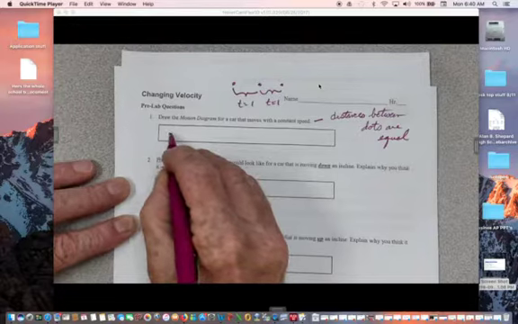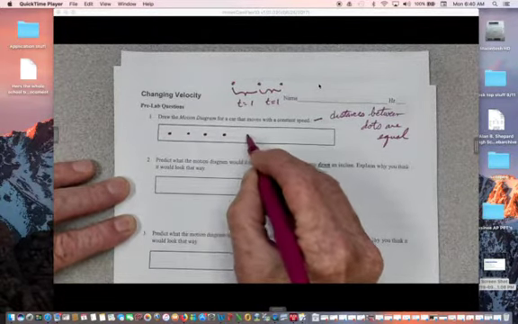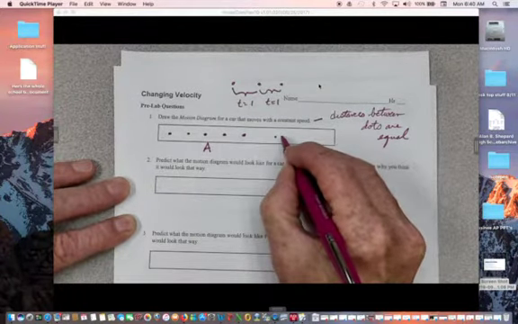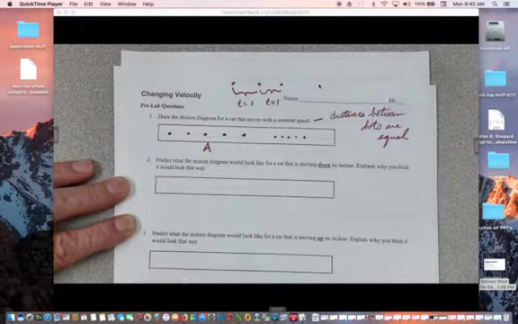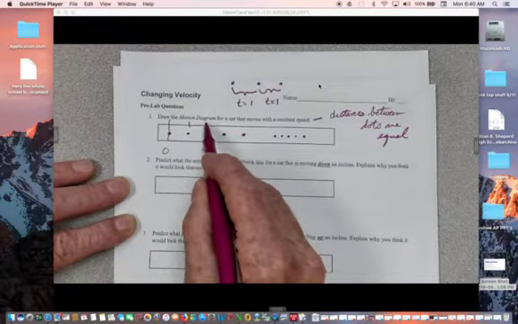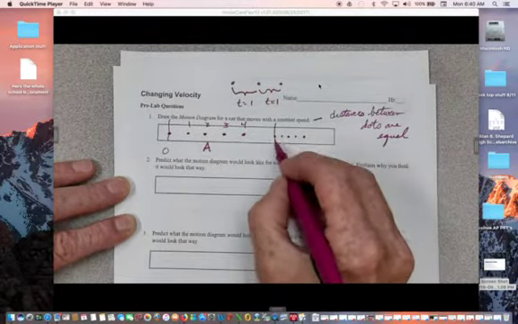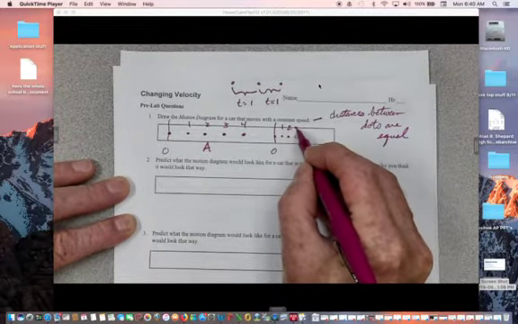So if I make a dot here, make a dot here, make a dot here, make a dot here, make a dot here, that might be vehicle A. If I have vehicle B, and clearly this is a time span of 0, 1, 2, 3, 4 seconds, and this is a time span of 0, 1, 2, 3, 4 seconds.